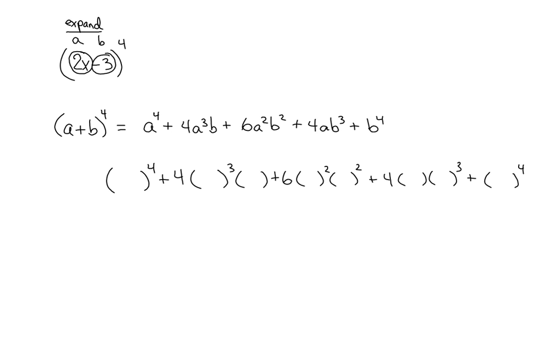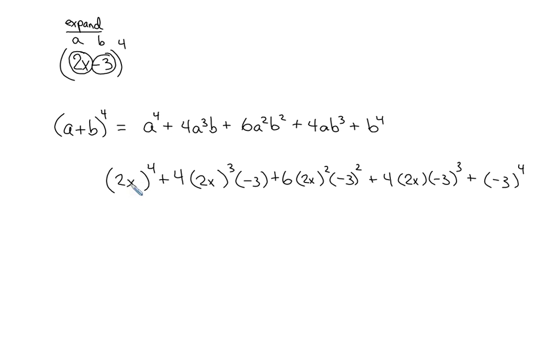What we now do, guys, is we now plug 2 x's in for all the a's in the parentheses. And we plug negative 3's in for all the b's. Everybody with me? All we have left to do now is simplify this, and we're done. Does everybody see how easy that is? But the parentheses are the key.